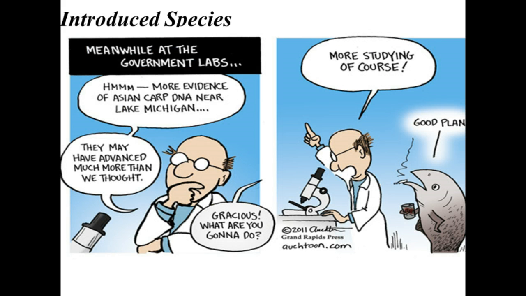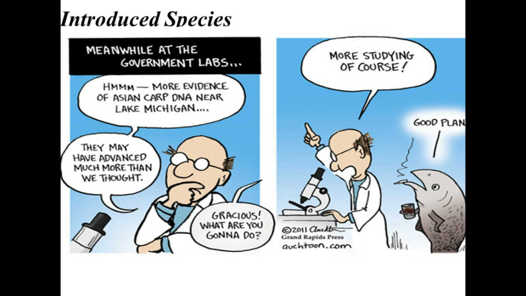Next, let's talk about introduced species. Introduced species are those that humans move from native locations to new geographic locations. Write that down. Now, without their native predators, parasites, and pathogens, introduced species may spread rapidly.